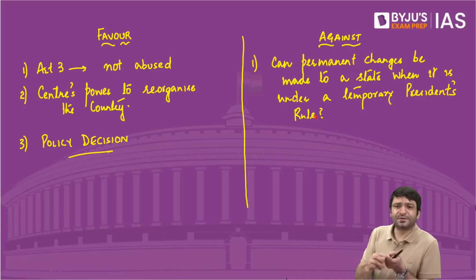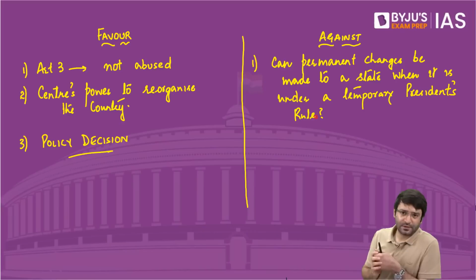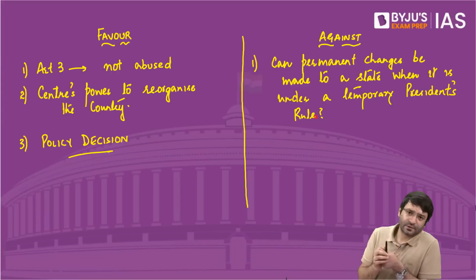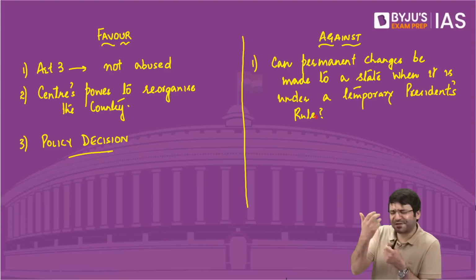President's rule by its very nature is temporary. Constitution says that the maximum number of years president's rule can be imposed in a state is 3. That too after satisfying various conditions, which we will discuss in president's rule.